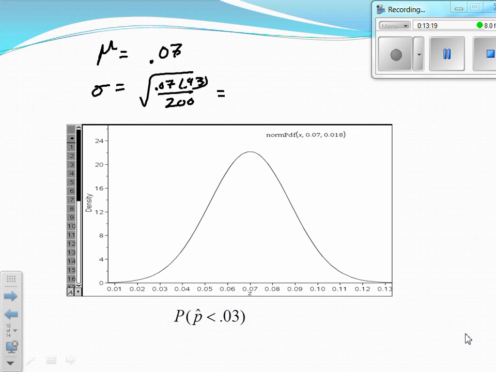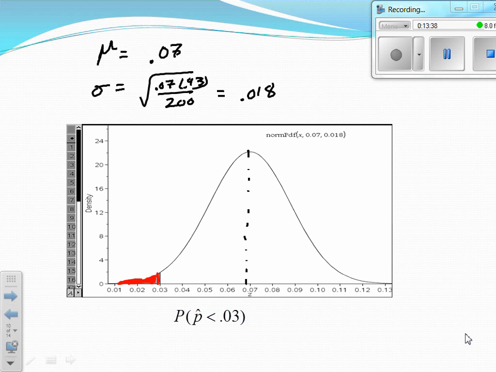So our standard deviation here is 0.018. So if we look at our standard normal curve, right, the curve centers around 0.07. We're interested in, well, what's the probability that we get down here, right?